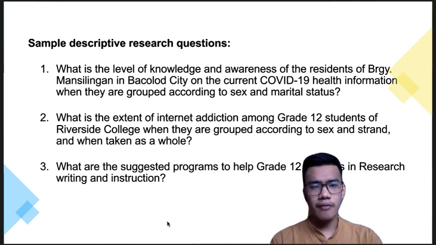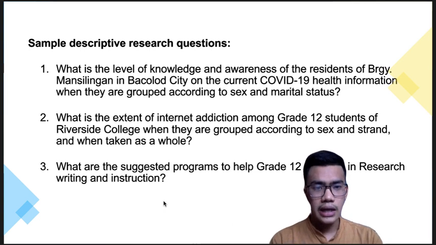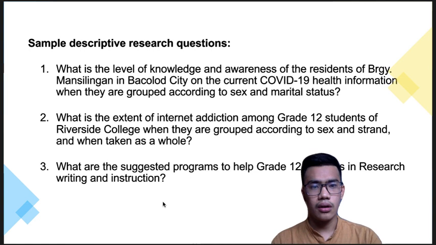Meaning, for this type of survey question, we will use frequency, ranking, and percentage as our statistical tools to illustrate our data in a three-line table. So next week I will provide you examples on how to compute the means and how to illustrate all of this in a three-line table.